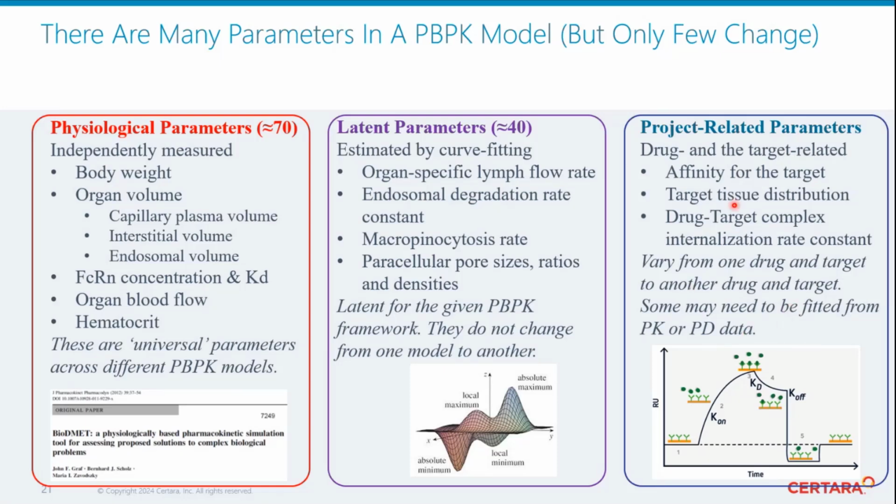But it's not unusual to be able to build a huge model where you actually at the end of the day need to fit maybe 1 or 2 or 3 parameters to run it perfectly well. So yes, the number of model parameters is high. However, you only need to change 2 or 3, actually fewer than in the case of a 2-compartment model.